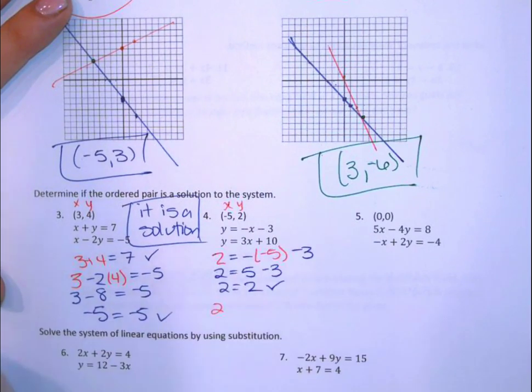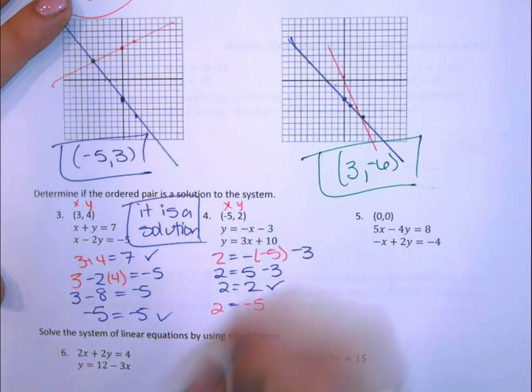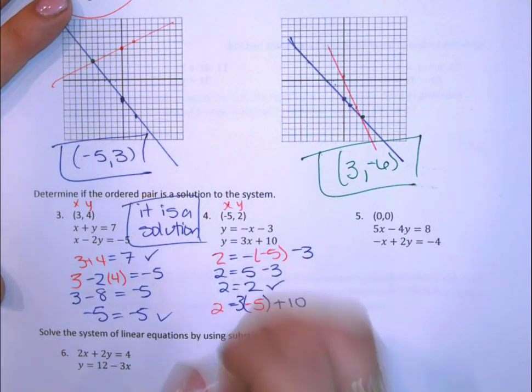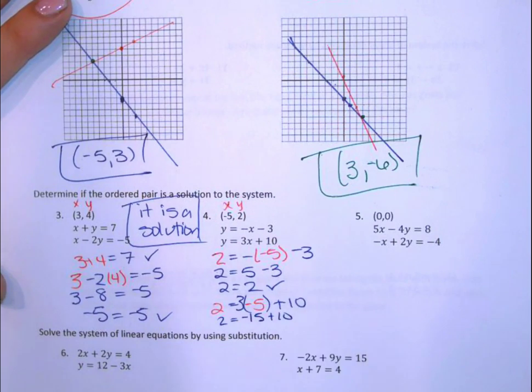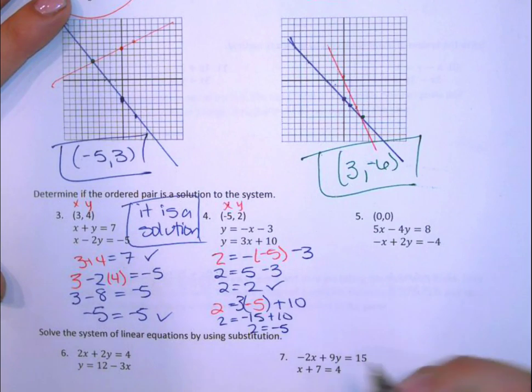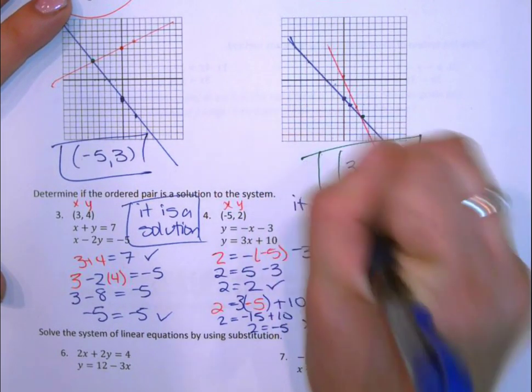I get 2 equals negative 5. Oh no, this is supposed to be 3 times negative 5, plus 10. 3 times negative 5 is negative 15. So plus 10. Negative 15 plus 10 is negative 5. That doesn't equal. So this one doesn't work. It is not a solution.